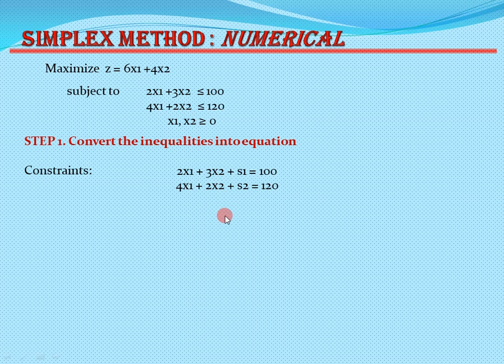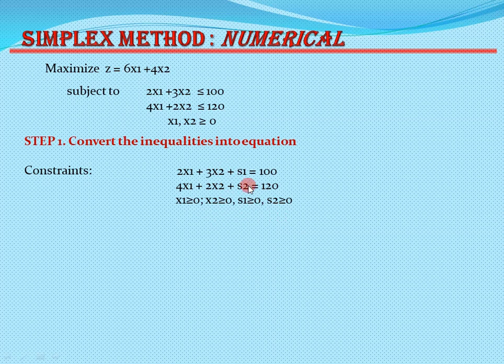And also we require that the variables are non-negative. So here, as we have added the two slack variables, x1, x2 and s1, s2 are non-negative variables. So we can write it as greater than or equal to 0.